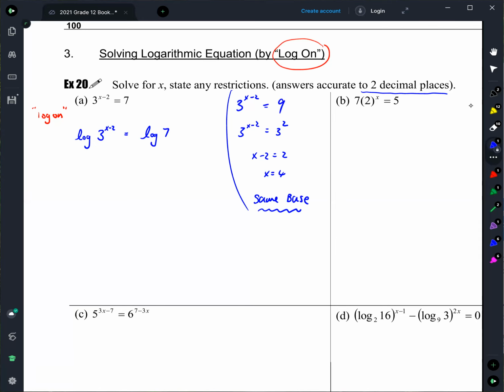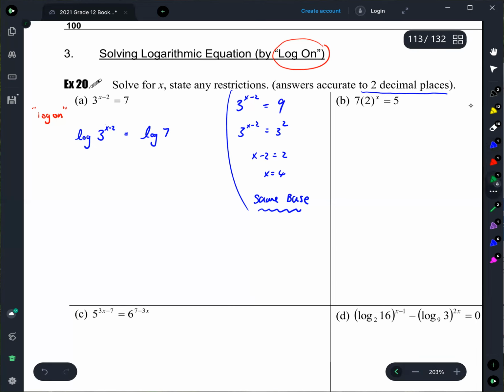So your answer will have decimals. So in the calculator, all the log buttons have base of 10, okay? So that's why it's more convenient if we use base 10. So you do log on, okay?